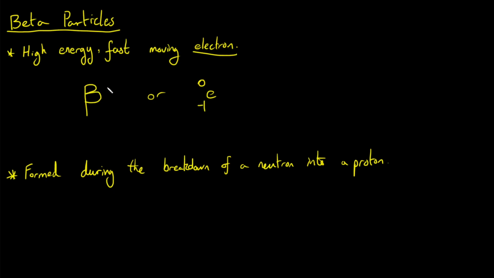So it can either be a capital B with a little tail, with a 0 at the top and a -1 for the atomic number, or a lowercase e, because it's just an electron. That's all beta particle radiation is, just an electron. And we know electrons are negatively charged as well, so this would have a negative charge. So mass number of 0, atomic number of -1, and a charge of -1.